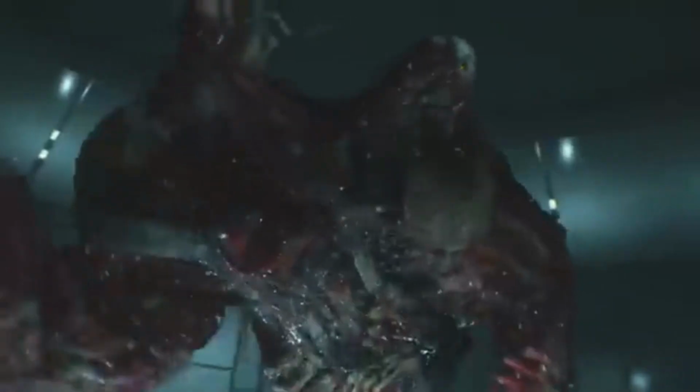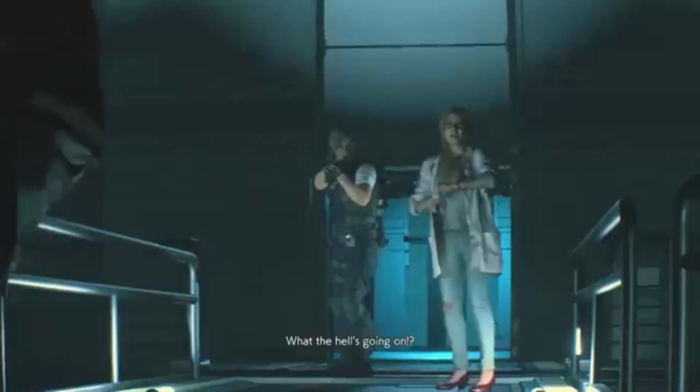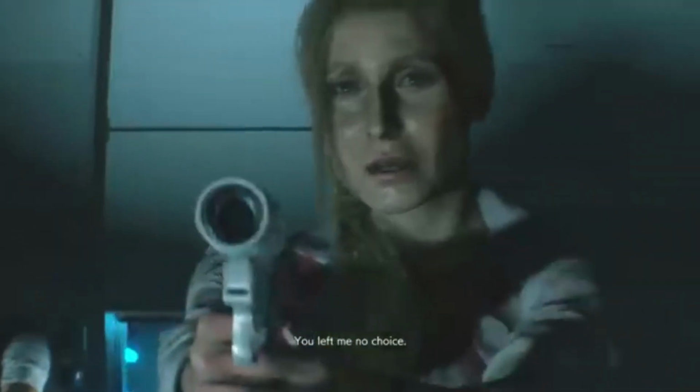The G-virus promotes unlimited mutation, where infected creatures continue to change even after being defeated or seemingly eliminated in combat, making them constant threats. Another crucial characteristic of the G-virus is its extreme regeneration ability.